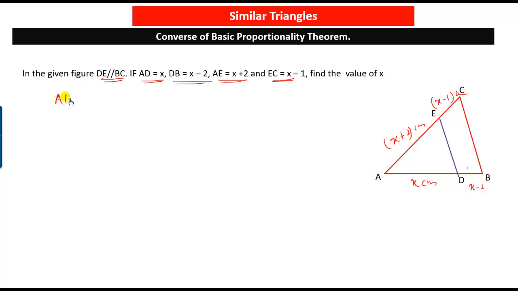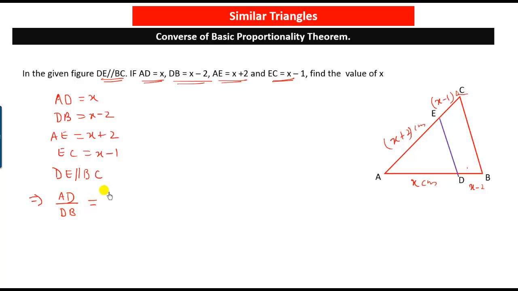Here it is given that AD is equal to x, DB is equal to x minus 2, AE is equal to x plus 2, and EC is equal to x minus 1, and it is given that DE is parallel to BC, and therefore AD upon DB is equal to AE upon EC by the basic proportionality theorem, and therefore AD is x upon DB is x minus 2, which is equal to AE is x plus 2 upon EC is x minus 1.